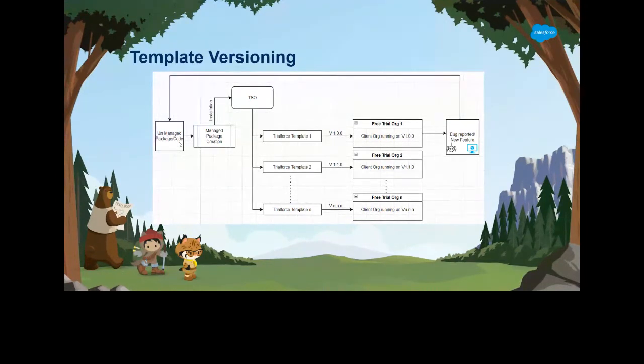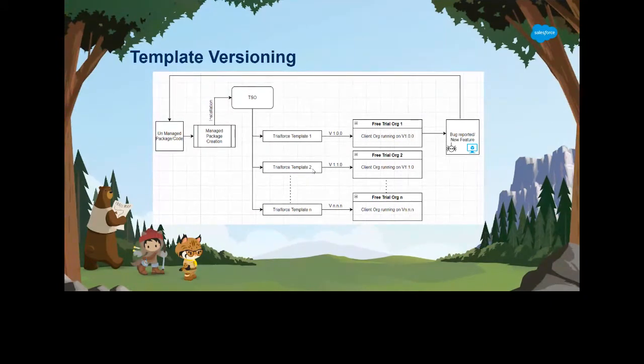Now you fix that bug on top of 1.0. Now it will upgrade your TSO org again. Once it is upgraded, let's say your managed package version is 1.1.0. This version has all the new features and the bug fixes which were reported.